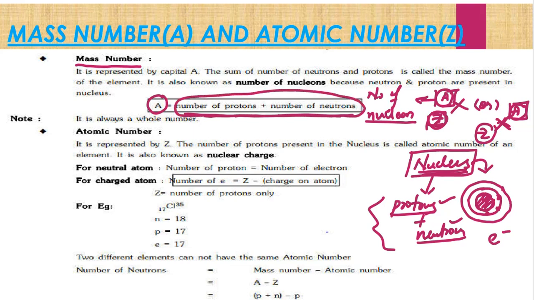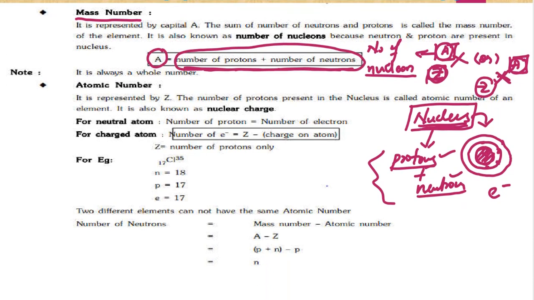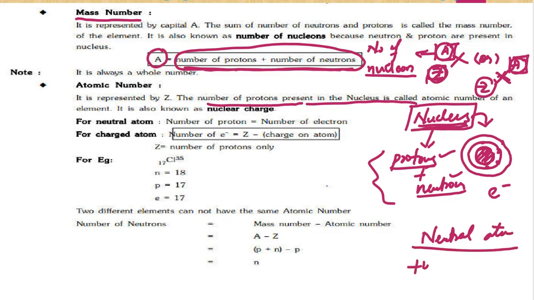Okay, coming to atomic number. What is atomic number? Atomic number, which is represented as Z, is the number of protons present in the nucleus. It is only the number of protons. If we take a neutral atom, what does neutral mean? The positive charge in the atom is exactly equal to the negative charge.